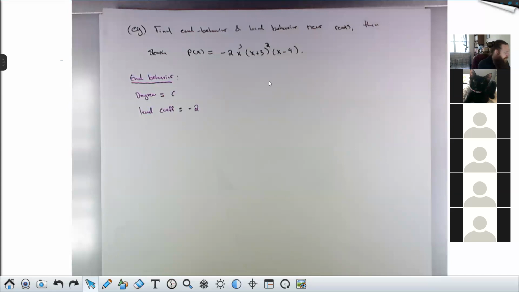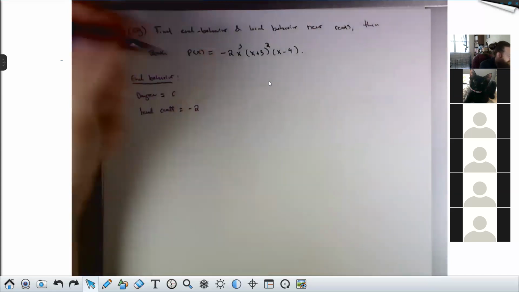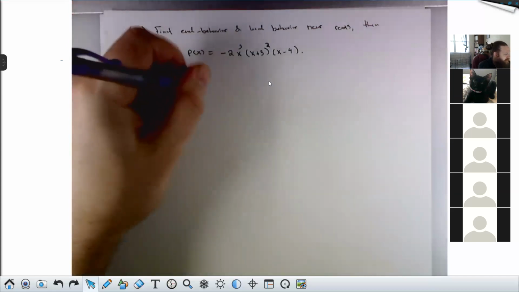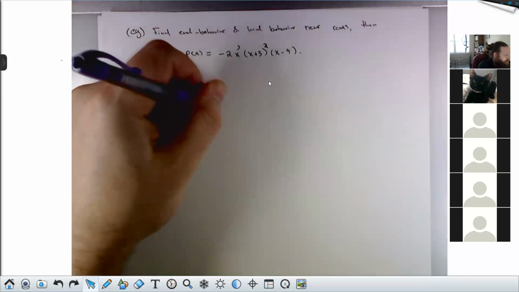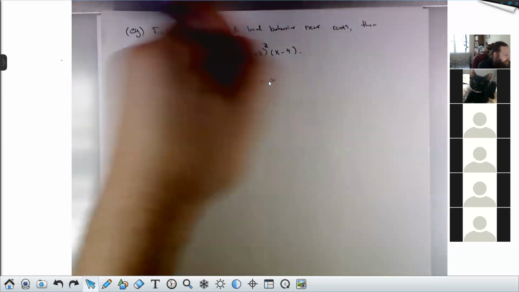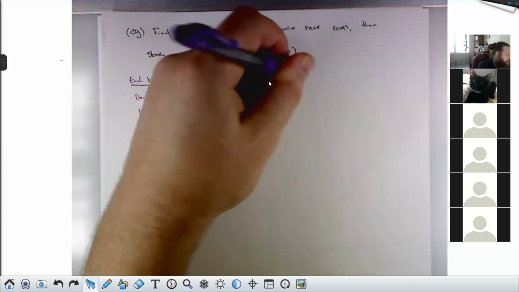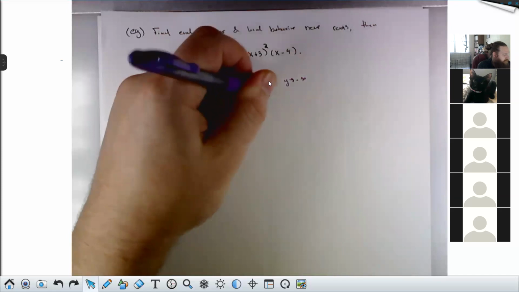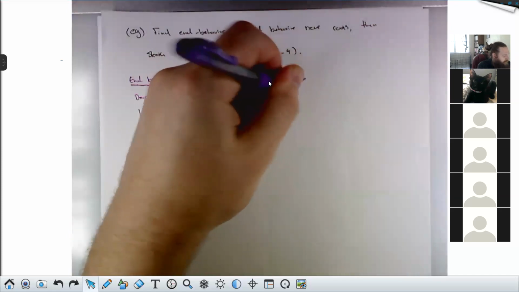All right, that means my end behavior must be, let's see, I've got an even degree and a negative lead coefficient. So as x goes to -infinity, y goes to -infinity, and as x goes to +infinity, y goes to -infinity.